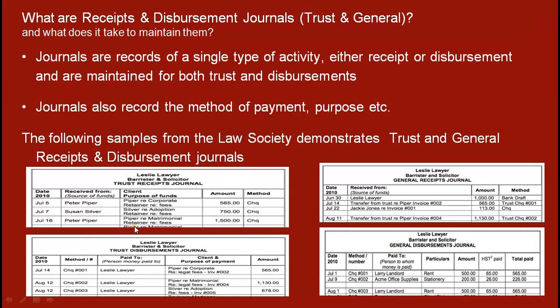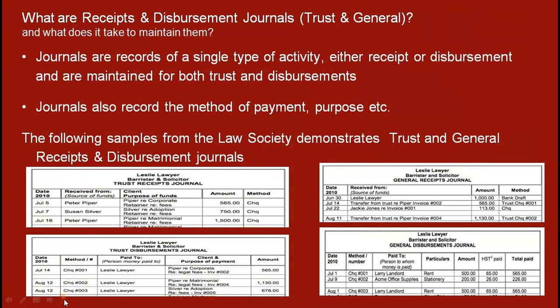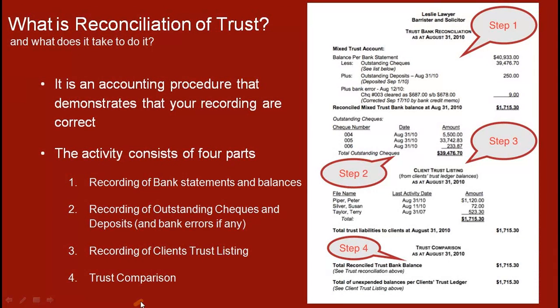Then we moved on to the four journals, two journals for the trust account and two journals for the general account. Again, I repeat that if you are not in the habit of dealing with trust money or retainers, then you don't have to generate the trust documents. Okay? So here are the six documents that we've discussed so far.